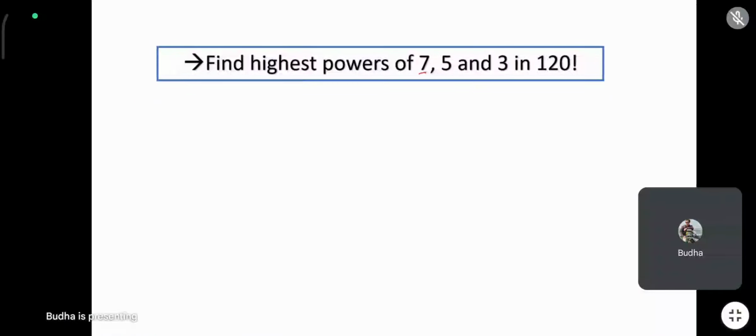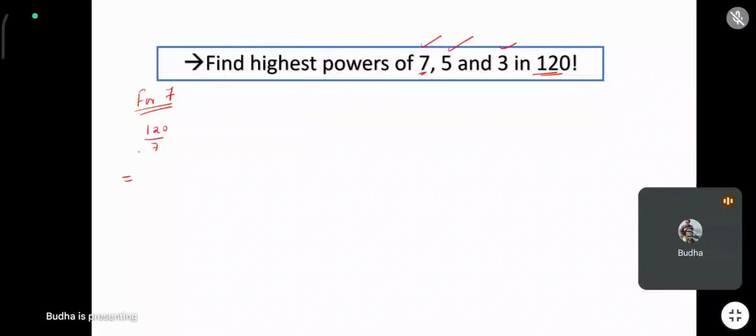Let's try this one. In 120 factorial, I need to figure out the power of 7, power of 5, power of 3. So 120. Achha, let's try for 7 first. For 7. So 120 by 7.